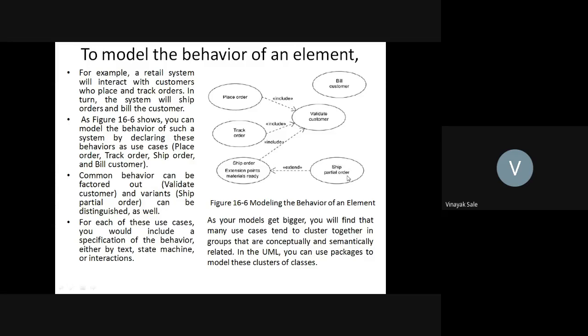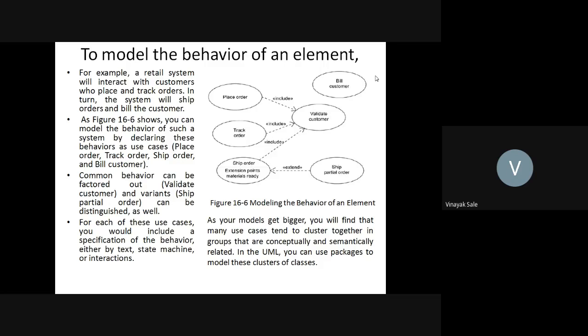Ship partial order is an extension. The customer is validated, then billed. So common behavior can be factored out into validate customer, and variants such as ship partial order can be distinguished as well.